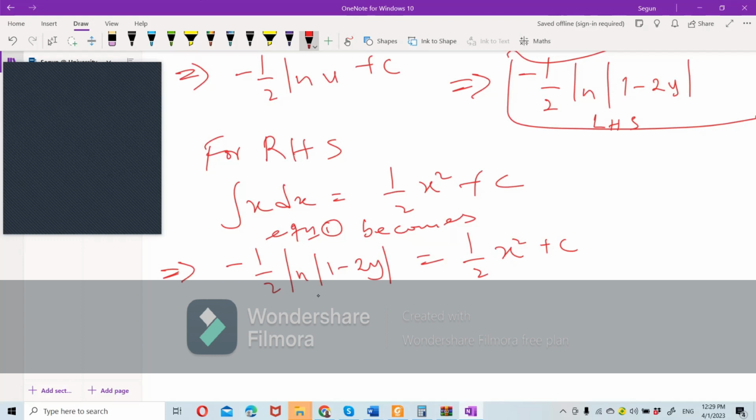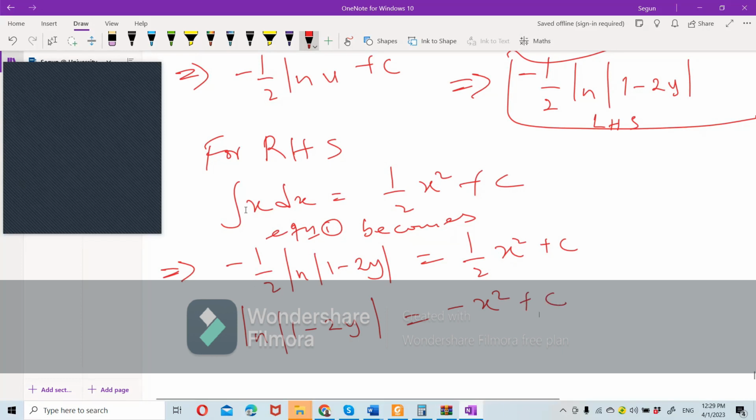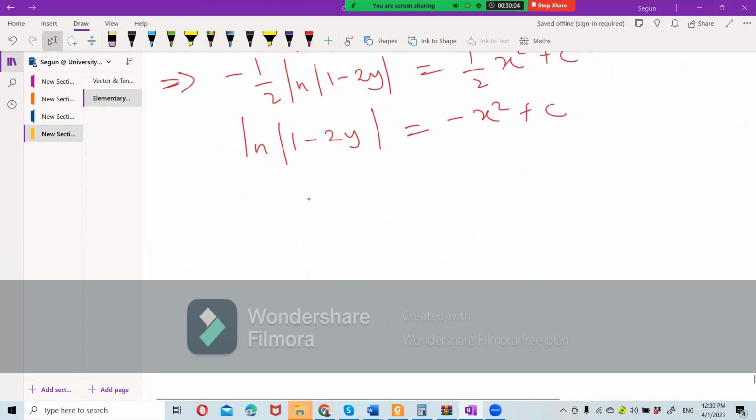If I multiply by -2, what do I have? I will have ln of 1 minus 2y equals minus x squared plus c. Everything will still be c. Constant is still constant. So we proceed by saying we need to cancel this ln. The only thing that can cancel the ln is exponential.